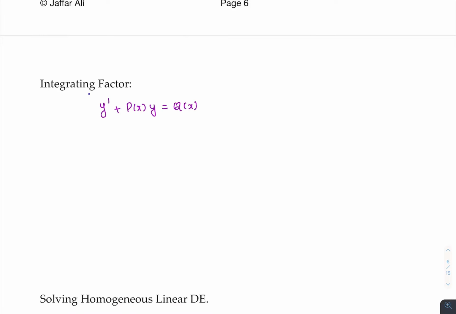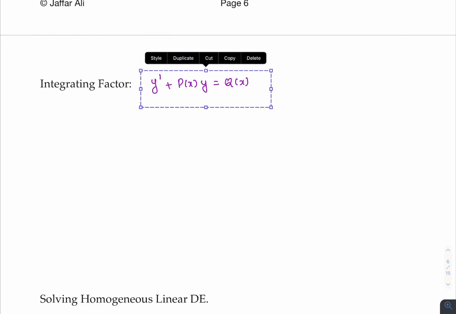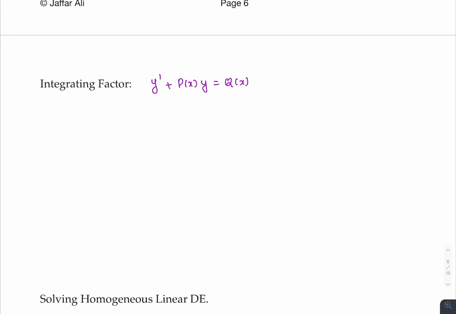Now the question here is, is there something that I can multiply so that I can rewrite this entire thing as a single entity, hopefully the derivative of something? Basically, is there something that I can multiply with this that will make this integrable? That's what we call the integrating factor. The one that makes the left-hand side integrable is what we call the integrating factor.